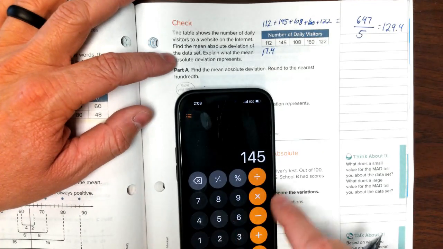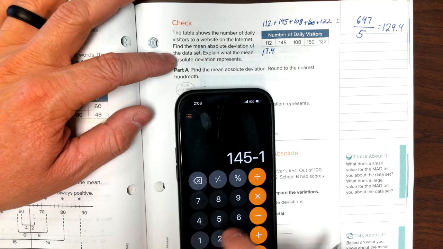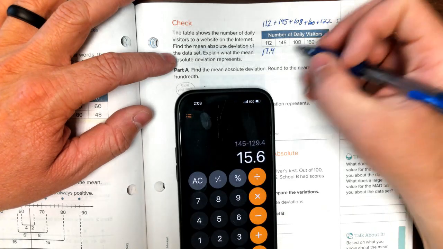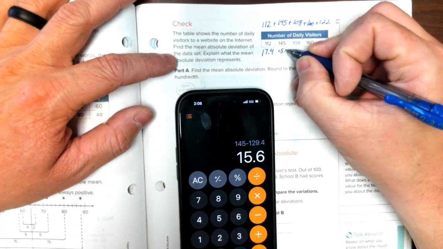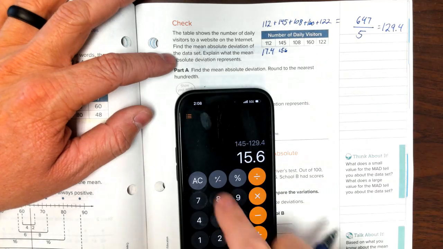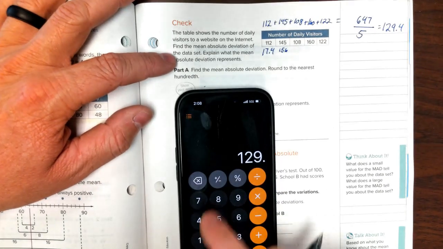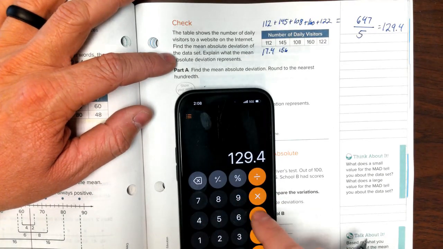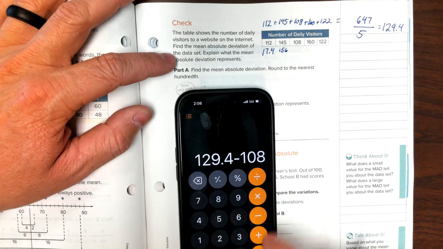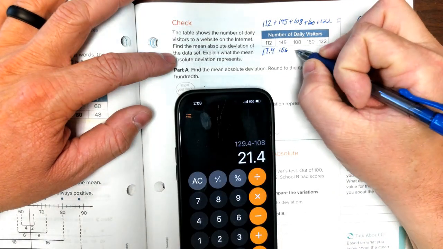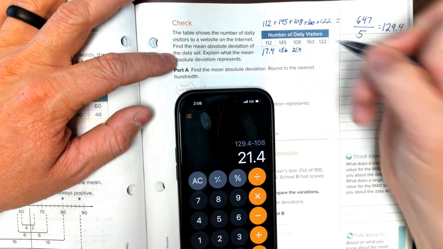Then 145 minus 129.4. So this one is 15.6. And this one, 129.4 minus 108. So that has a distance of 21.4.